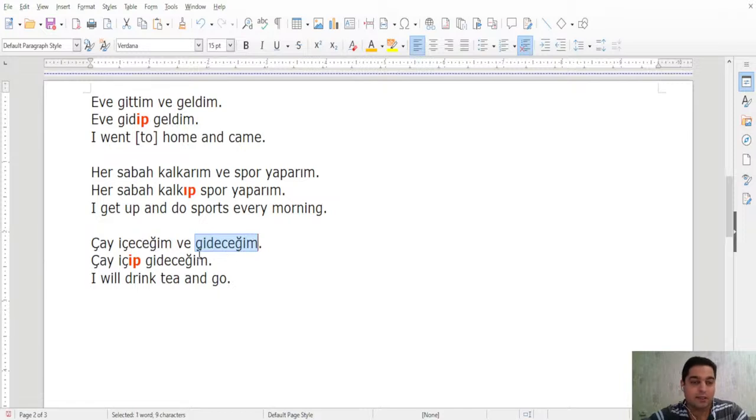So you combine them again. Here we have an order, right? First you drink, then you go, which means you denote the order. You also replace this ve again, as in the first two examples, and you combine it through the suffix ip, which is attached to the root of the verb içmek, right? İçmek, and you see this future tense structure goes away, right? İçeceğim here goes away because the second verb is anyway the same, right?